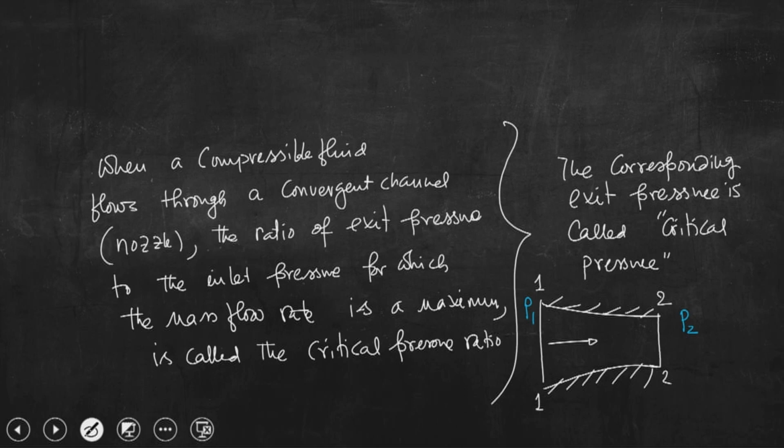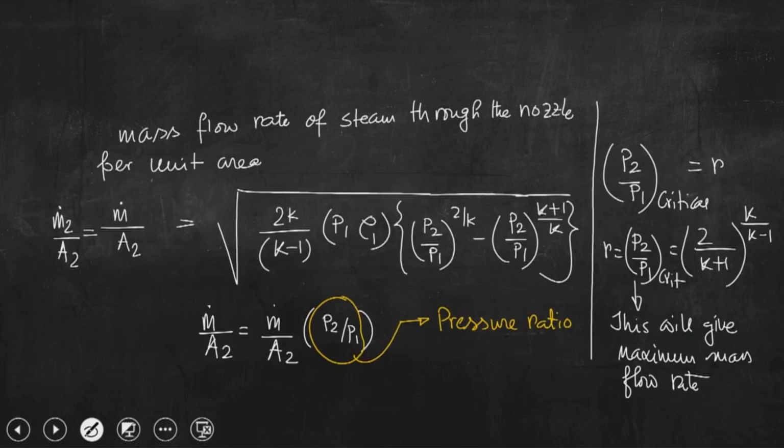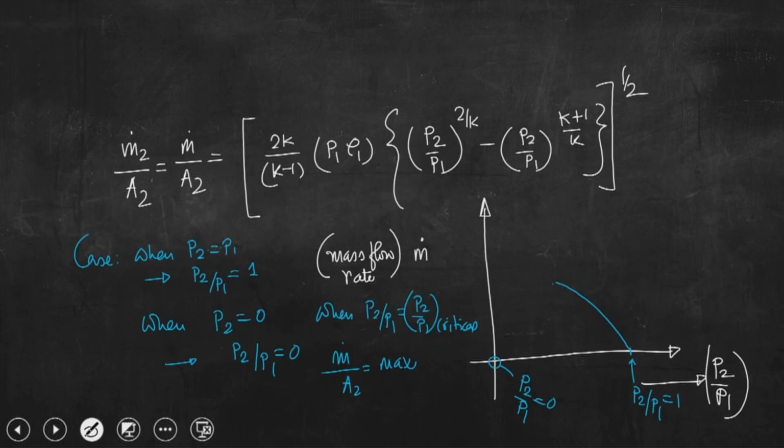So, when P2 equal to 0, there is no flow. When P2 equal to P1, there is also no flow. When P2 equal to 0, we can see from the mathematical expression that m dot by A2 equal to 0.